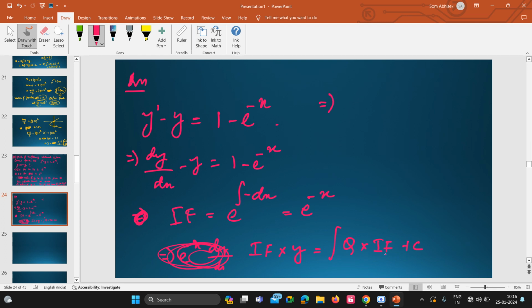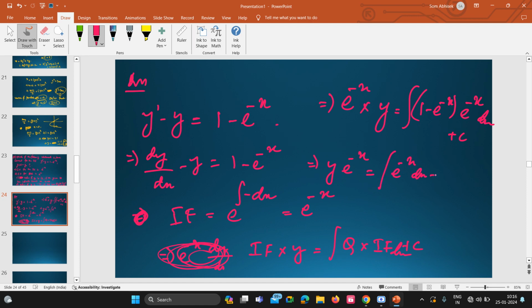That will give me e to the minus x into y is equal to the integral of q, that is 1 minus e to the minus x, into e to the minus x, dx plus c. So y e to the minus x is equal to integration of e to the minus x dx minus e to the minus 2x dx plus c.